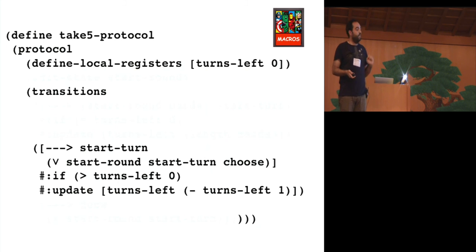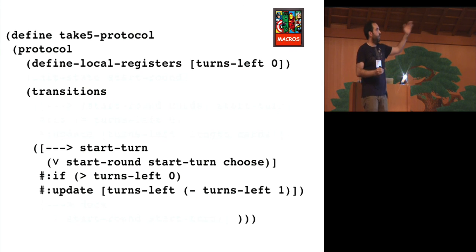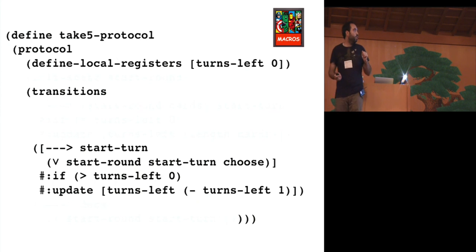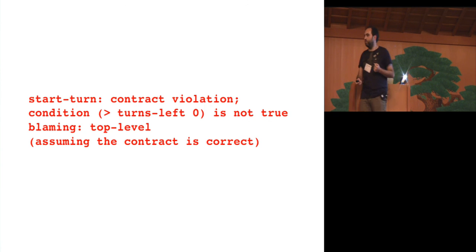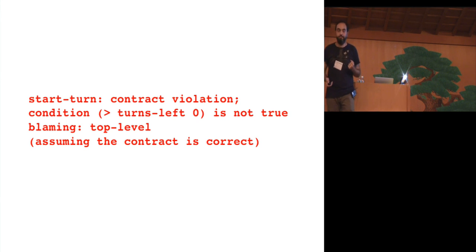And then at any transition where this is applicable, we can add directives to check properties of the local register and also update the local register. For instance, when we start a turn, we check that there are some turns left, and we also reduce the number of turns left. And of course, if something goes wrong and we try to do one more turn than it's allowed, we're going to get a nice contract error that describes what condition exactly failed.